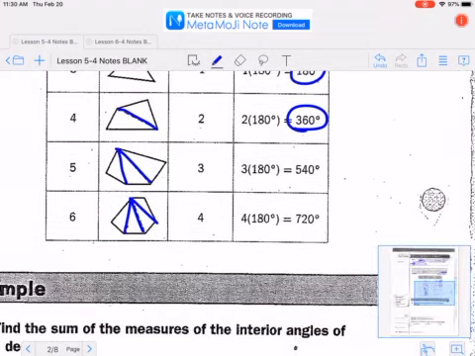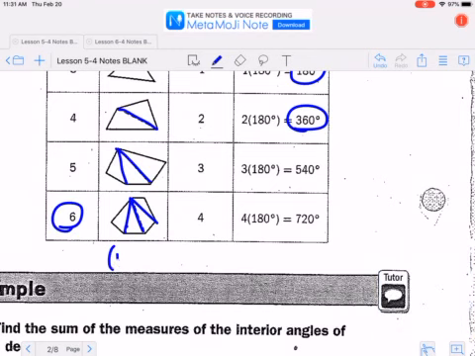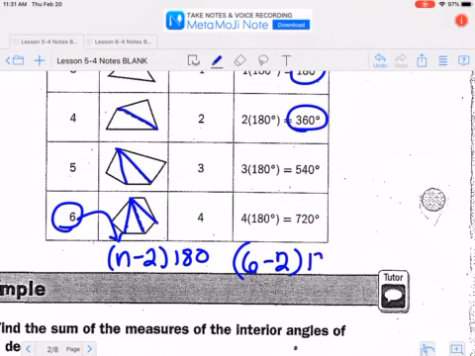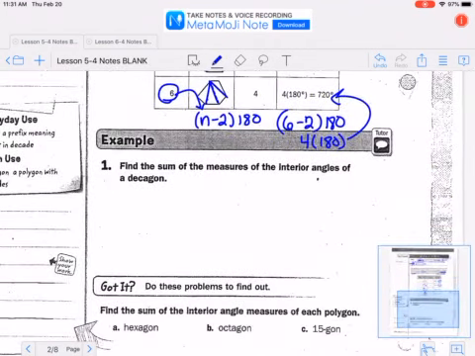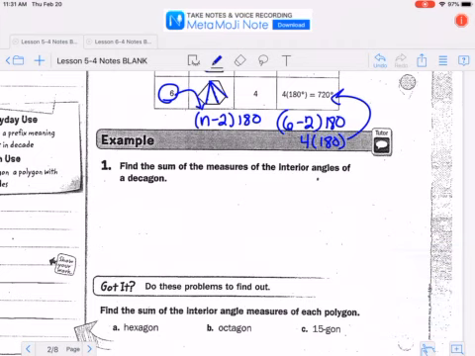So as you can see, if there are 6 sides, our formula of n minus 2 times 180 goes into effect. So it'd be 6 minus 2 times 180. So that would also mean like 4 times 180, which is exactly what we had up here. Okay? So it says find the sum of the measures of the interior angles of a decagon.